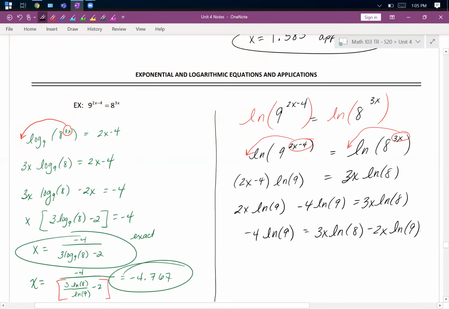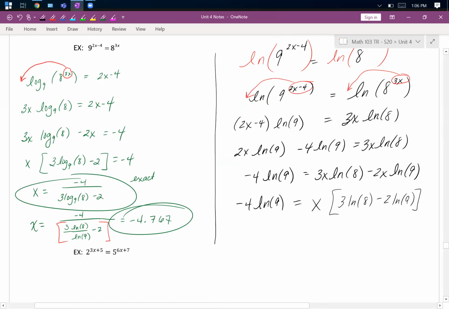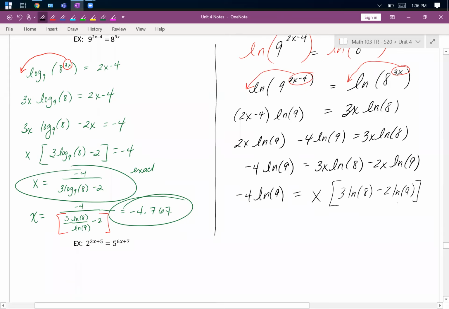We now have a common factor of x on the right that can be factored out, leaving us with 3 times the natural log of 8 minus 2 times the natural log of 9. And then we're ready to divide by what we have in the brackets.